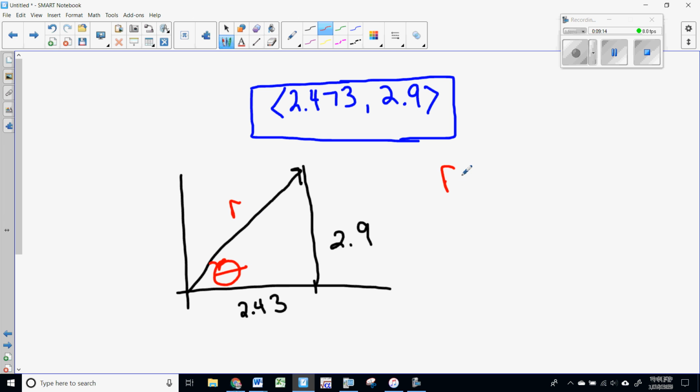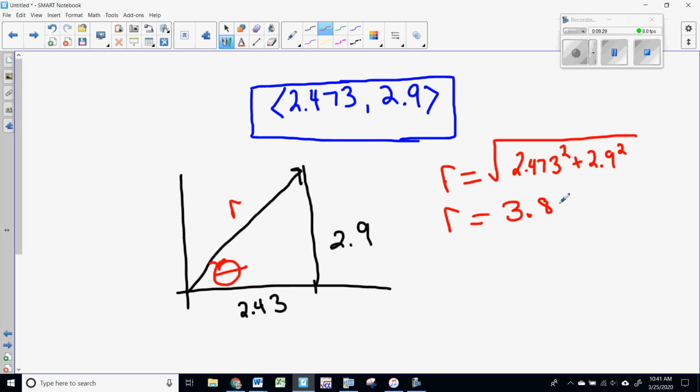To find r, it's just Pythagorean theorem. 2.473 squared plus 2.9 squared. You put that in the calculator, and I get 3.811.